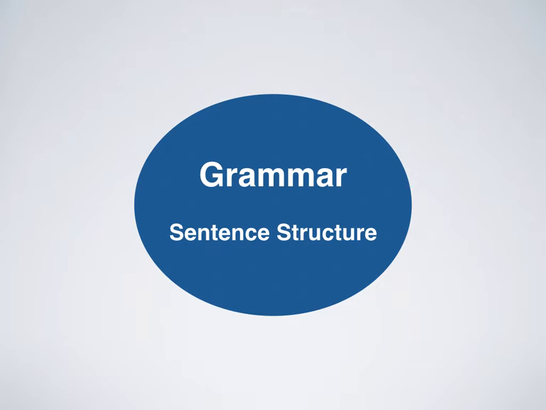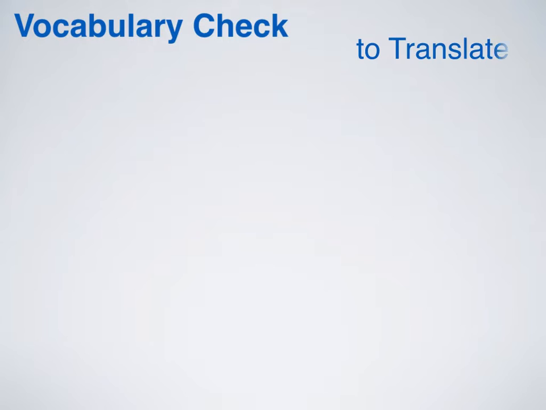Before we can study that, let's check the vocabulary you will need for the lesson. Please pause the video anytime you need to. Here are the vocabulary items for this lesson.